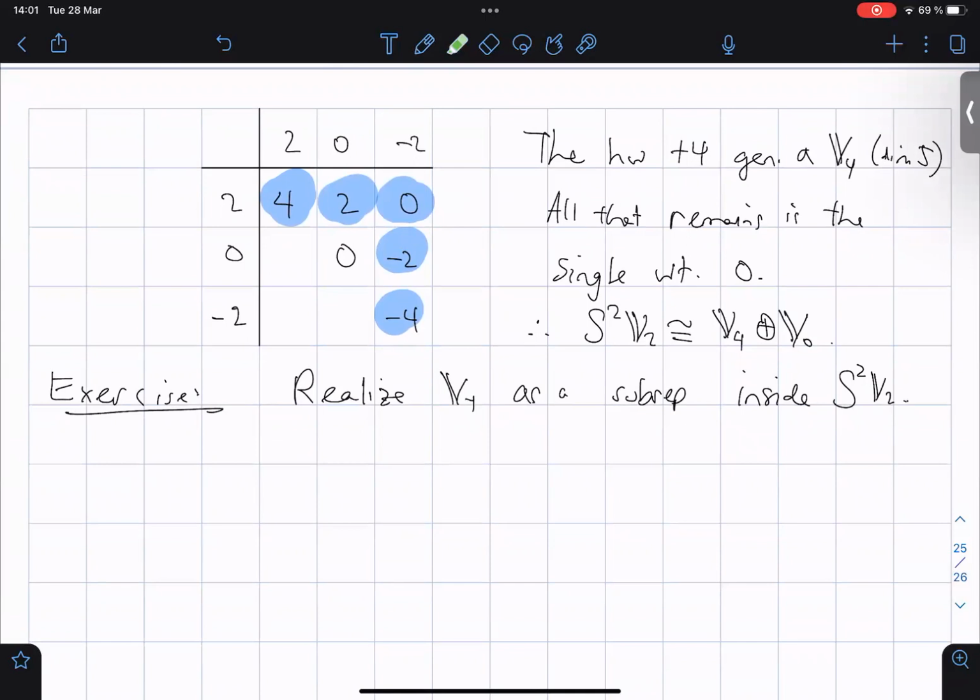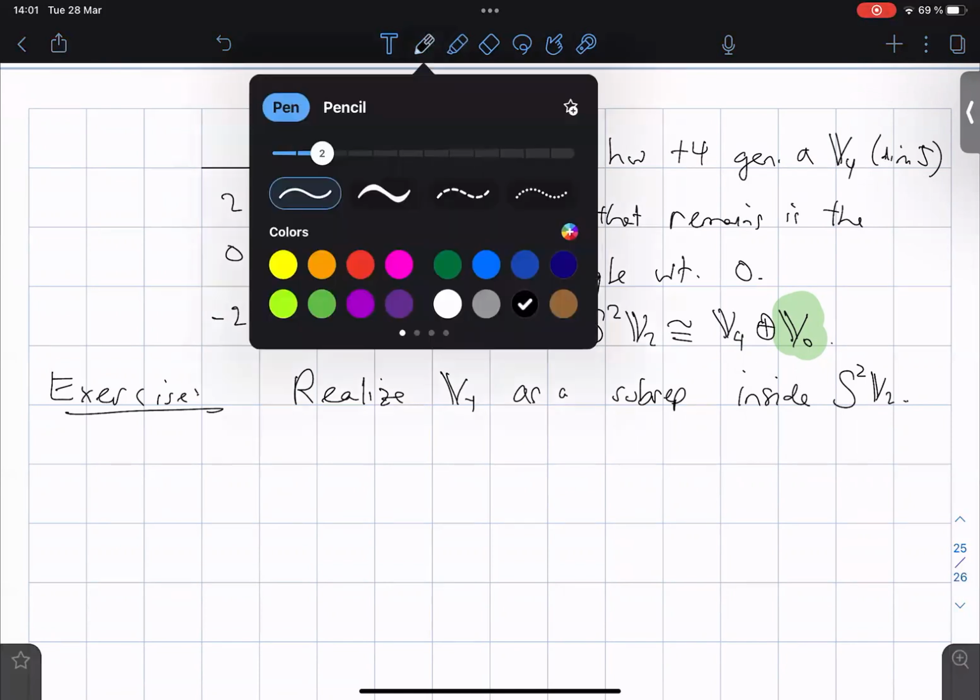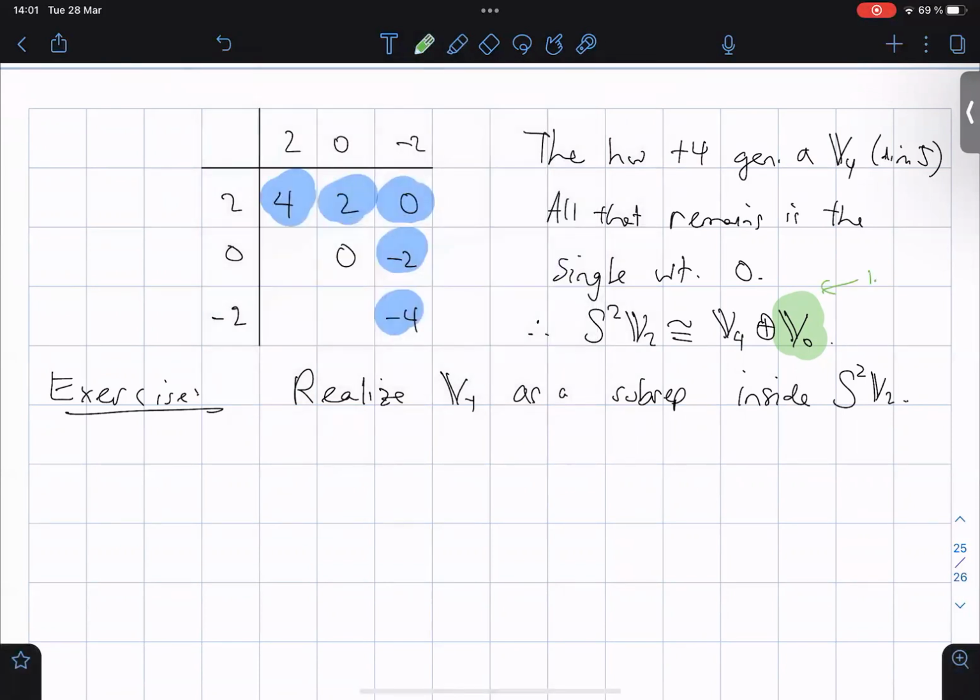The presence of these V0s is extremely important, because that tells you that you have an invariant tensor sitting inside this space. Or rather, we're going to do it slightly differently. We're going to actually use the dual, and you're going to see the significance of this.